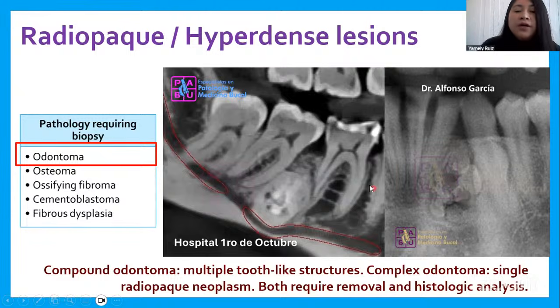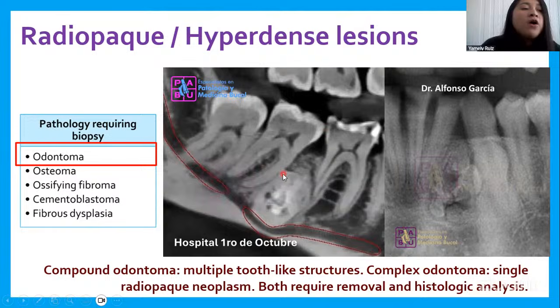The difference between compound and complex is the appearance. Both are radiopaque. However, the compound odontoma shows the silhouette of multiple tooth-like structures. You can see maybe a very, very small tooth, but they are tooth-like structures. That's the important finding in compound odontoma.